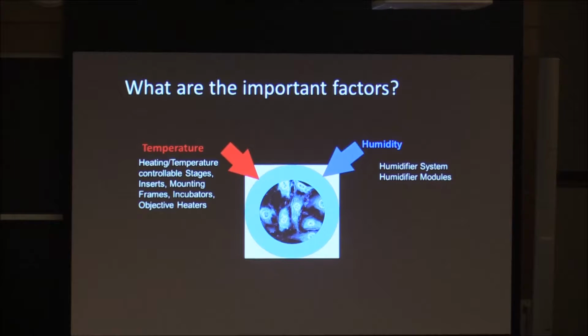Another big one is humidity. And this is one that's often forgotten. A lot of the devices that are used over on this side have no ability to incorporate humidification into them. If you're doing a short experiment, this isn't going to matter too much, but a lot of these are done in special sample holders that have a very small volume in them.